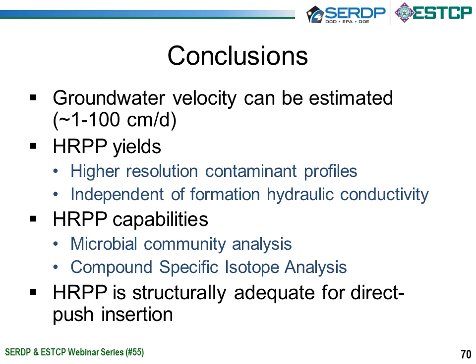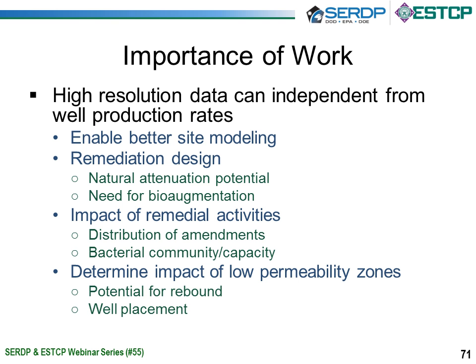So not only will it look at the velocity at high resolution, the concentrations of chlorinated solvents, microbial activity based on both the population and changes in isotopic composition, but also almost any biogeochemical information you'd want to look at in terms of dissolved concentration, so electron acceptor profiles, conservative tracers. The HRIP is structurally adequate for direct push, and so has the potential to help at a number of sites.